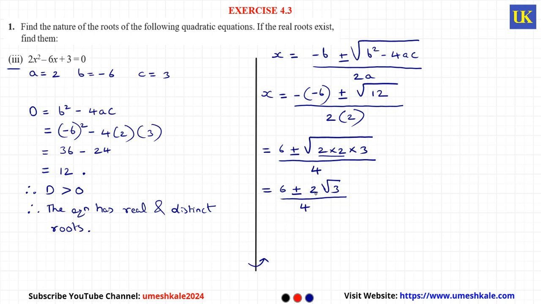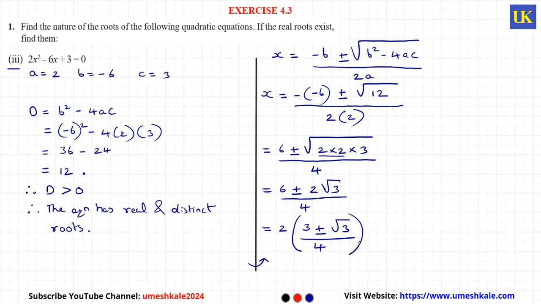Now 6 and 2 we can remove as common, so we can take 2 common, and what will remain inside the bracket is 2 3s are 6 plus minus root 3, and below we can write 4.